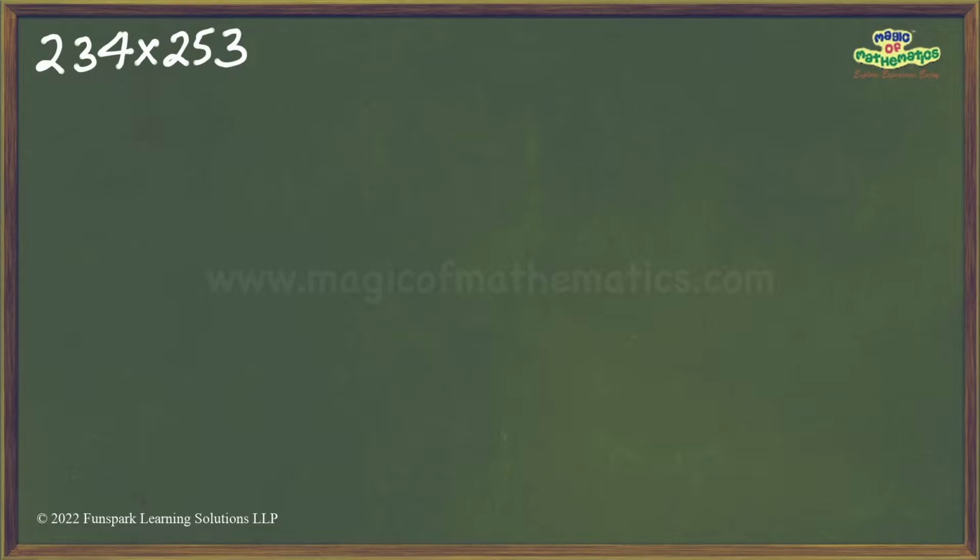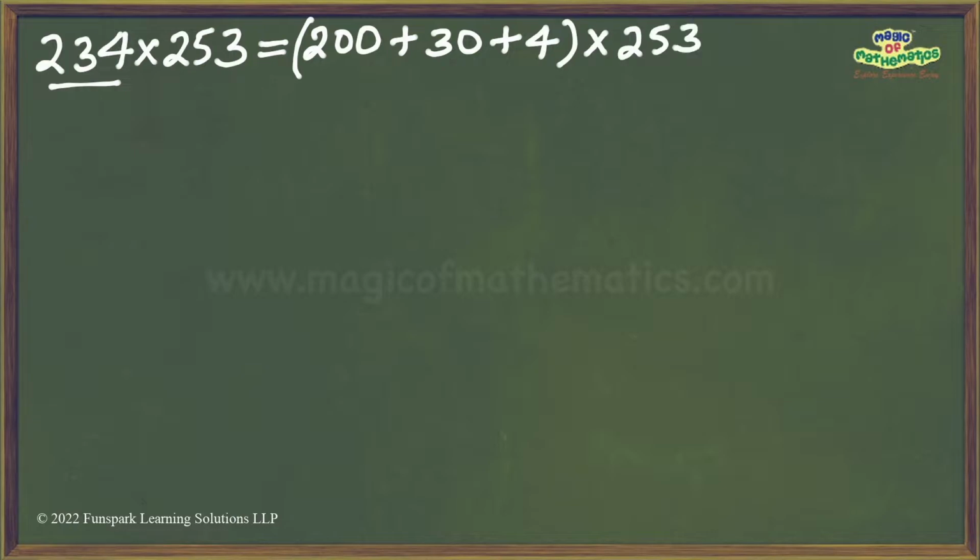Expanding my multiplier 234, I can write this as 200 plus 30 plus 4 times 253. And since addition is commutative and associative, I can write this as 4 plus 30 plus 200 times 253.